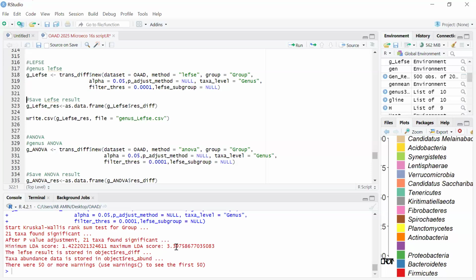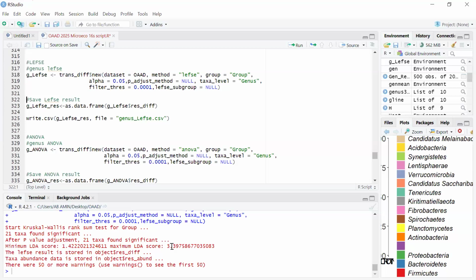So if you want to plot your LEfSe, you have to peg the score at no more than 3, because if it is more than 3, it will not capture anything. If you put 3.5, you can see the maximum score is 3.39.